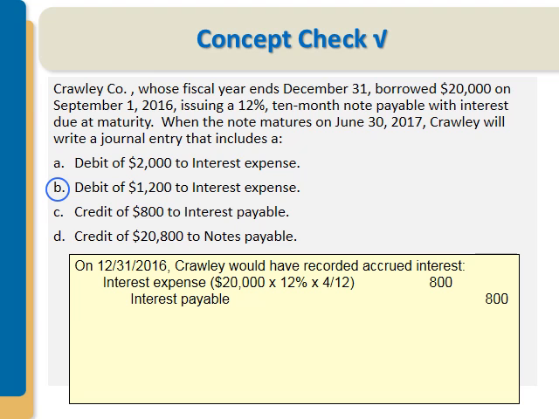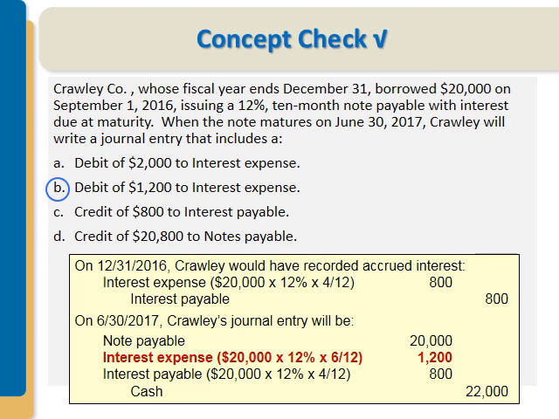On 12/31/16, Crawley would have recorded accrued interest of interest expense 20,000 times 12% times 4/12 equal $800, and interest payable would offset that for $800.